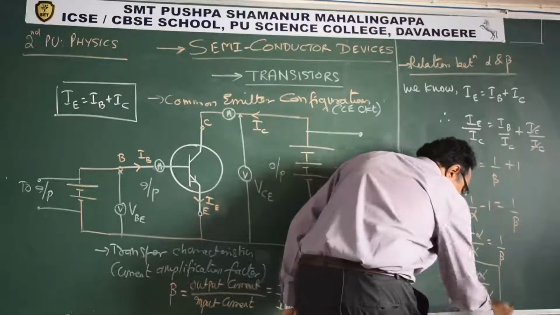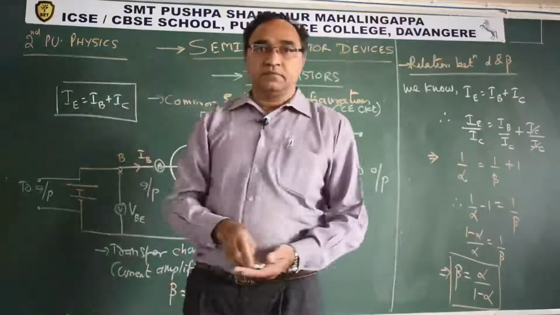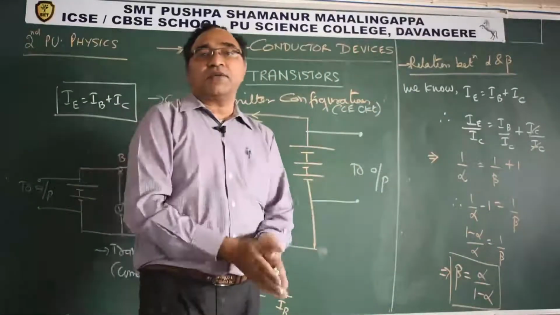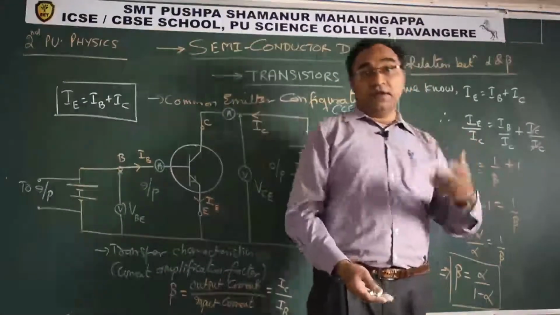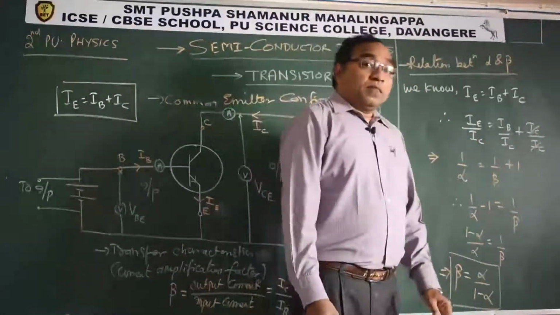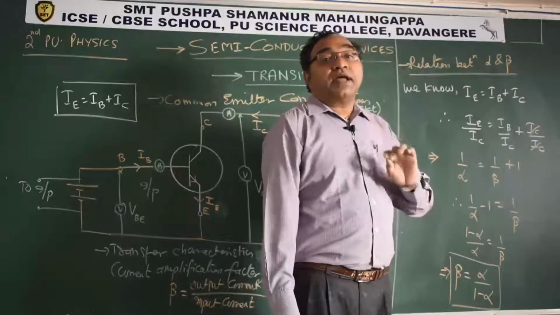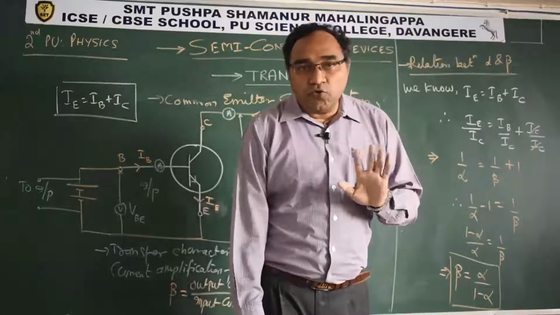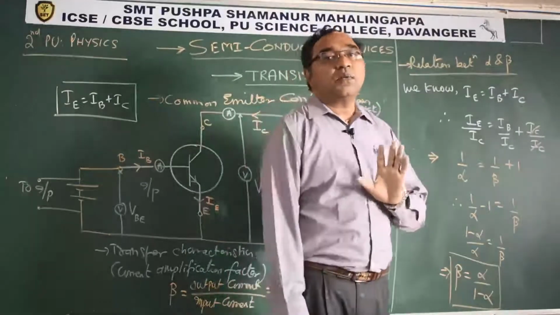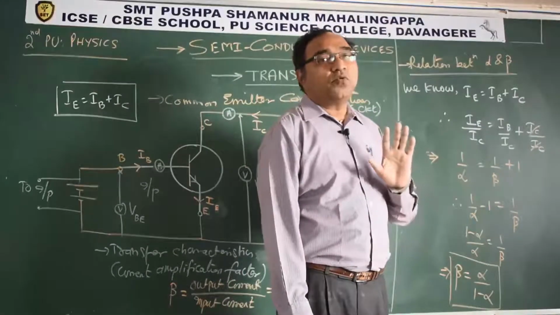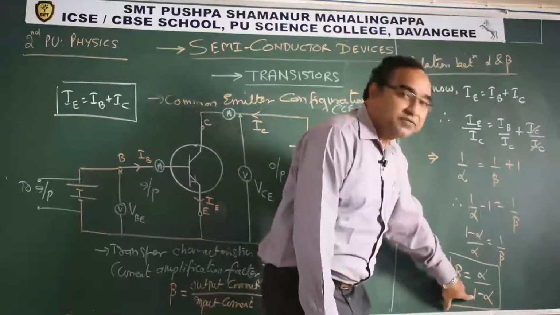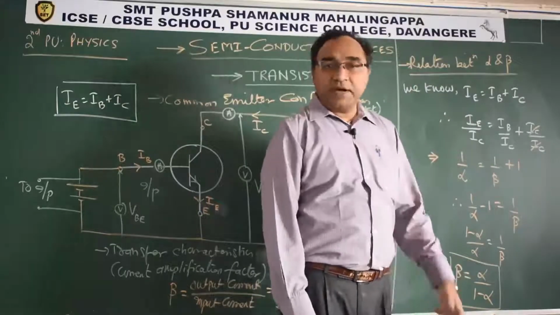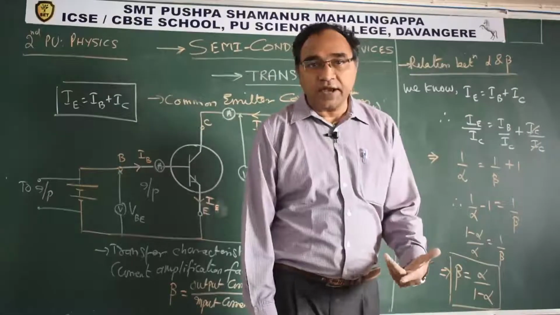This is very important, and this is justified. You will say, how can you say this equation is correct? You can ask, you have all the right. We have derived it; we have not assumed it, we have not got the equation out of the blue. We got alpha is less than 1, correct? See, 1 minus alpha. Beta is a ratio, how can it be negative?